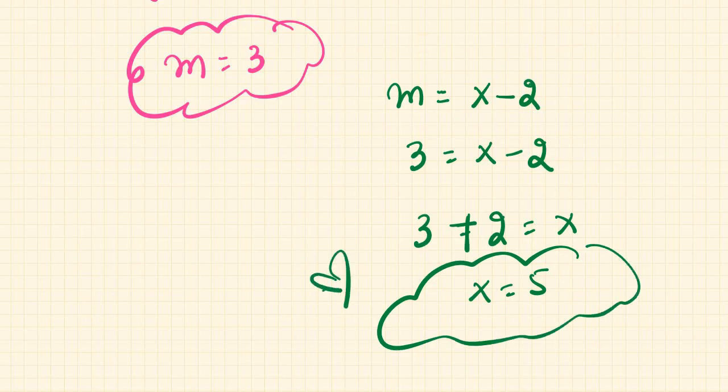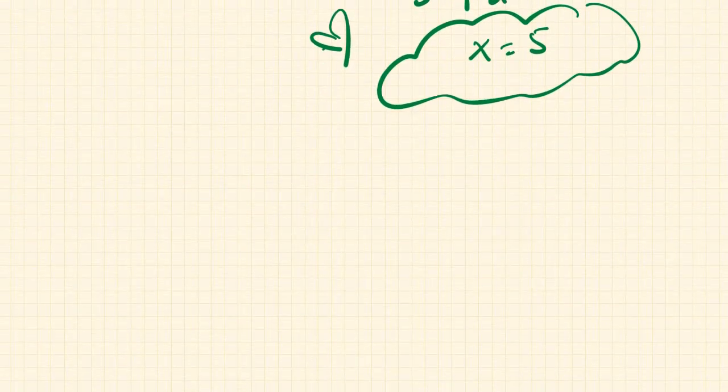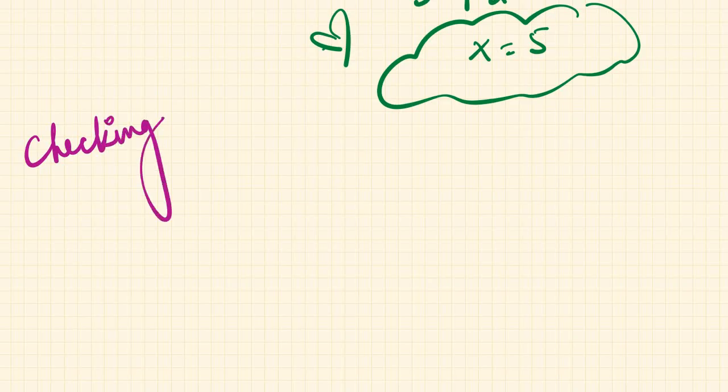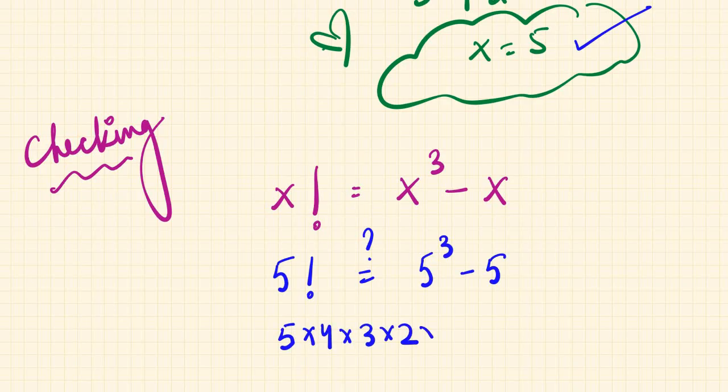But let's check it, shall we? What was my question? My question was x factorial is equal to x cube minus x, right? Let's check this answer. 5 factorial, is it equal to 5 cube minus 5? 5 factorial means 5 times 4 times 3 times 2 times 1.